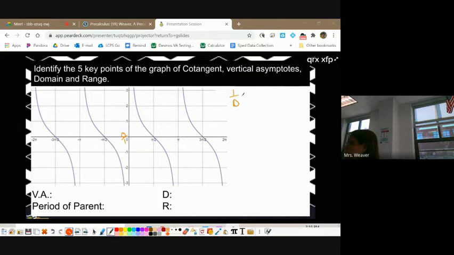And we know division by 0 is undefined in our number system. So everywhere that tangent was at 0, cotangent is going to have a vertical asymptote. So tangent started at 0 and pi units later ended at 0. So when tangent was 0, cotangent is going to have another vertical asymptote.